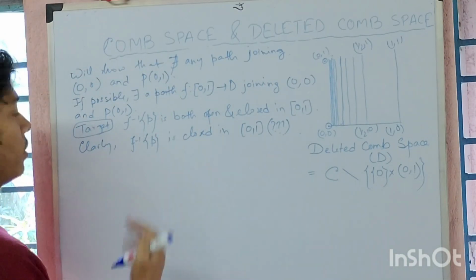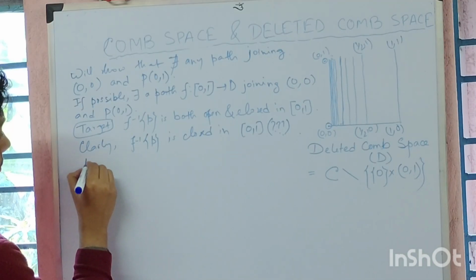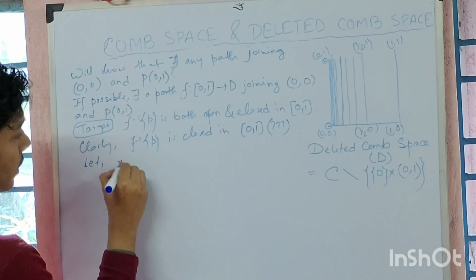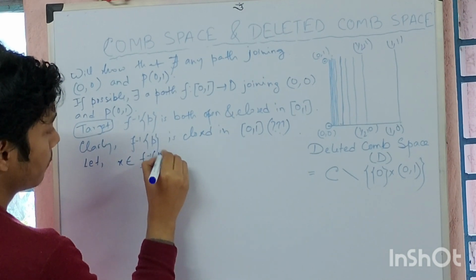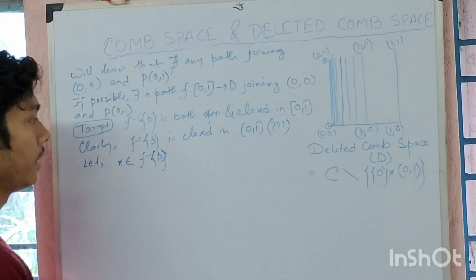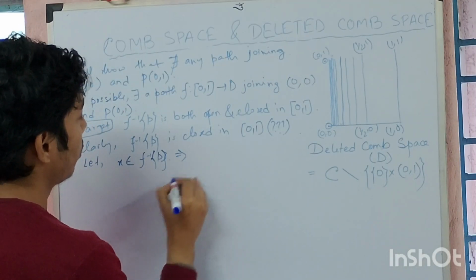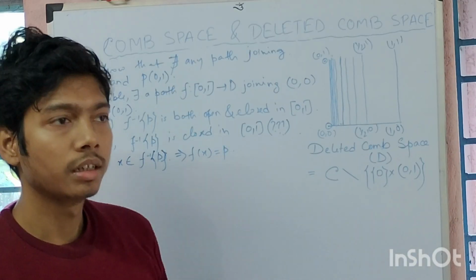Okay, to prove that, let x belong to F inverse P. So Fx equals P. Clear?